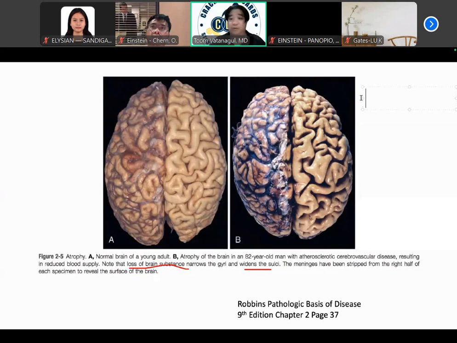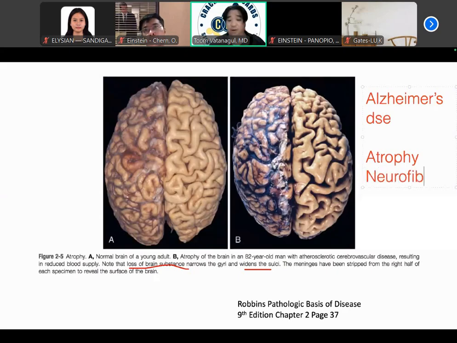But I want everyone to remember that in Alzheimer's disease, aside from the generalized brain atrophy, there is the formation of what we call the neurofibrillary tangles, and there are also the amyloid plaques.